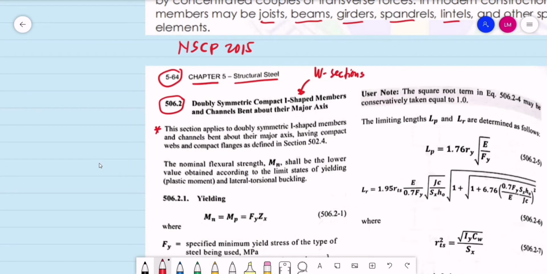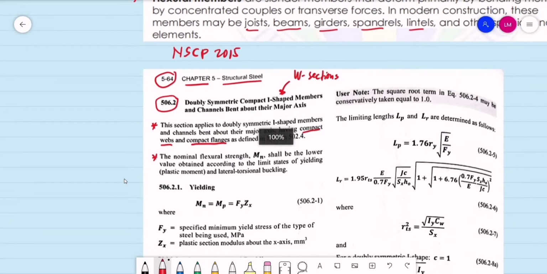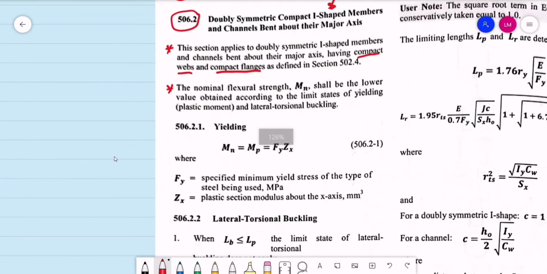This section applies to doubly symmetric I-shaped members and channels bent about their major axis having compact webs and compact flanges as defined in section 502.4. So the nominal flexural strength M sub n shall be the lower value according to the limit states of yielding, that is plastic moment, and lateral torsional buckling.